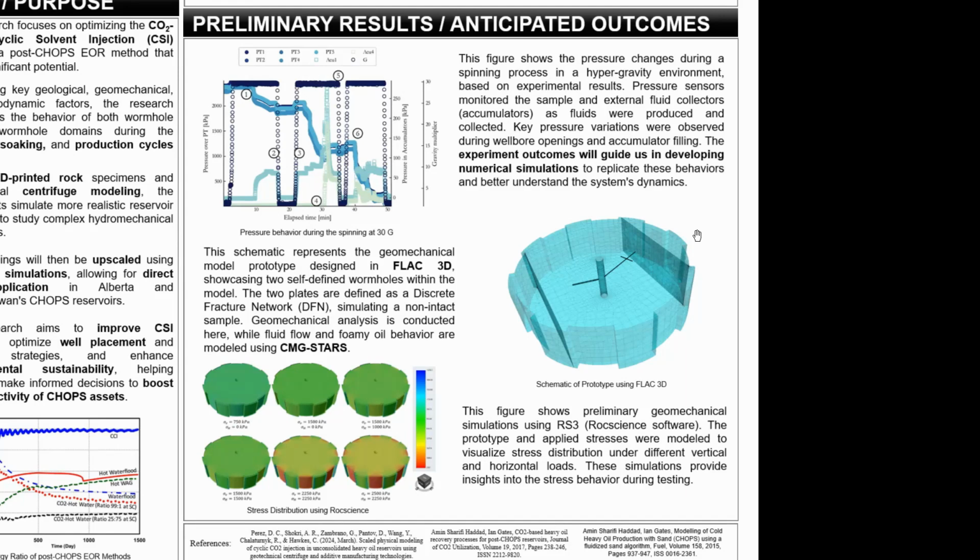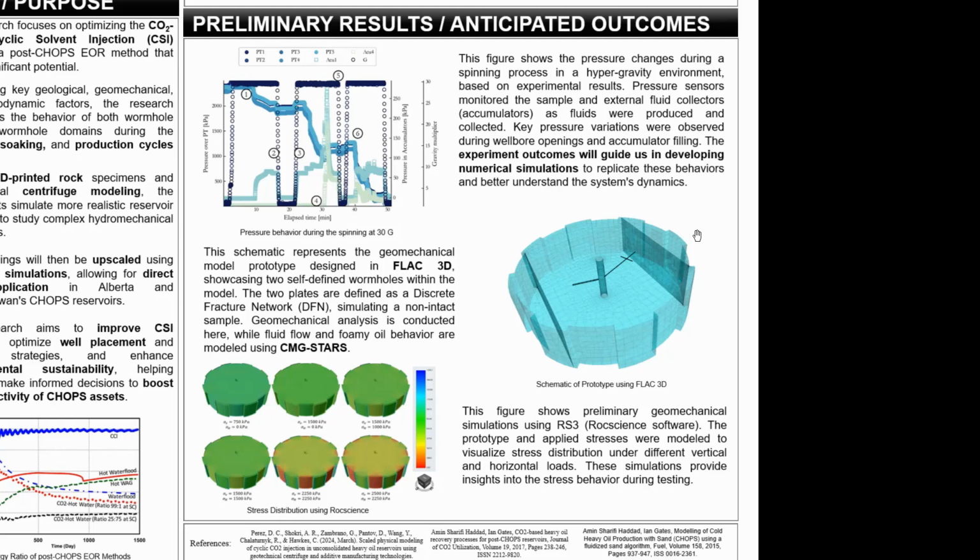The next steps in this research involve upscaling the experimental data using numerical simulation, allowing us to translate the findings to field-scale operations in Alberta and Saskatchewan's CHOPS reservoirs. Our goal is to develop optimized well designs and injection strategies that maximize oil recovery while minimizing environmental impact.